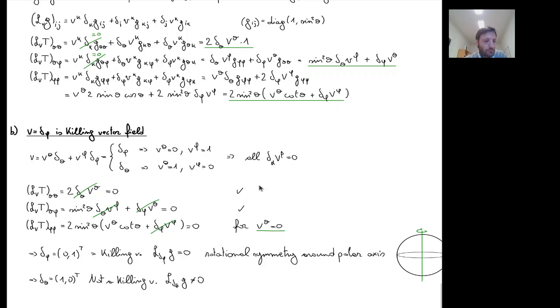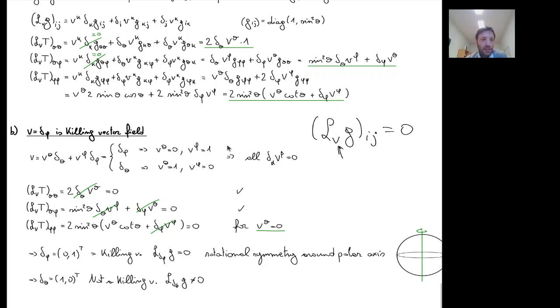Good. So now I write down the equation. We have the Lie derivative of our metric g and we have the components, and we have to check for which vector field this condition is met. Okay, so let's check out then.